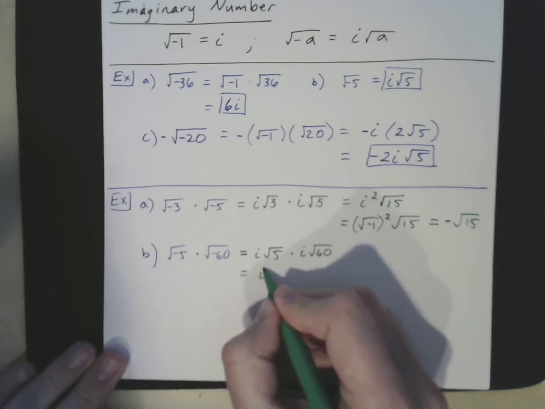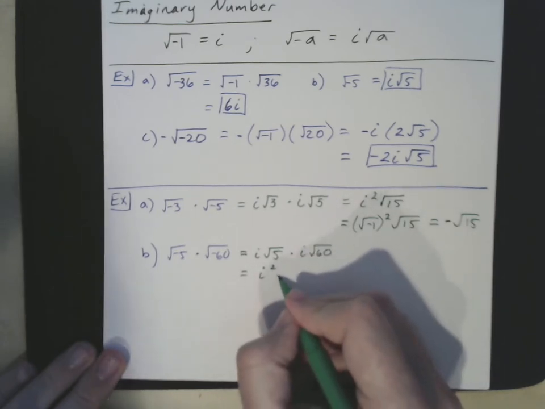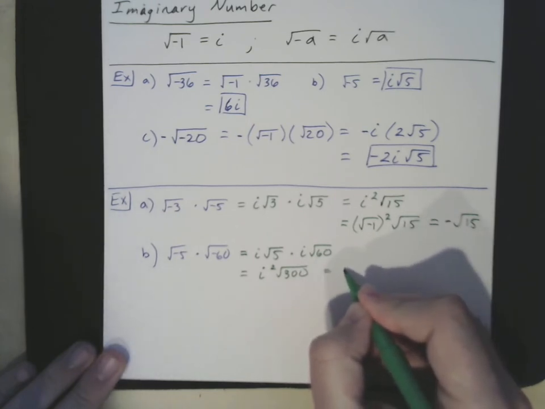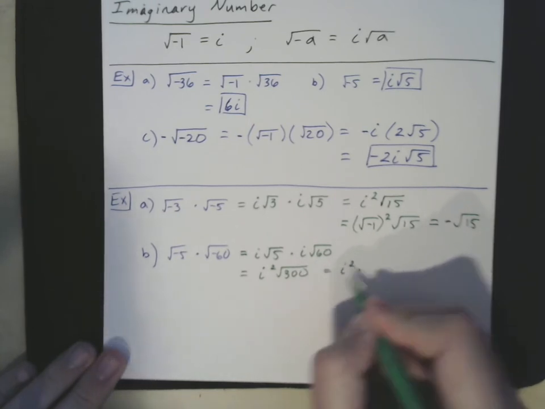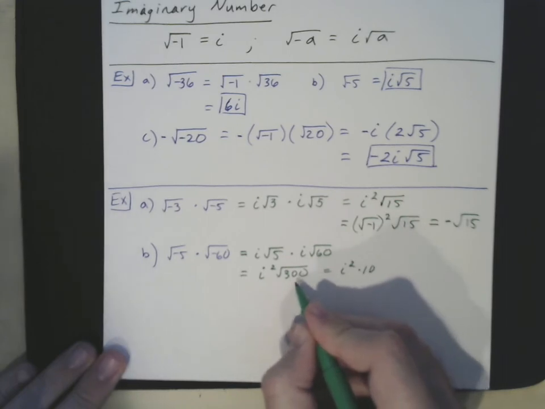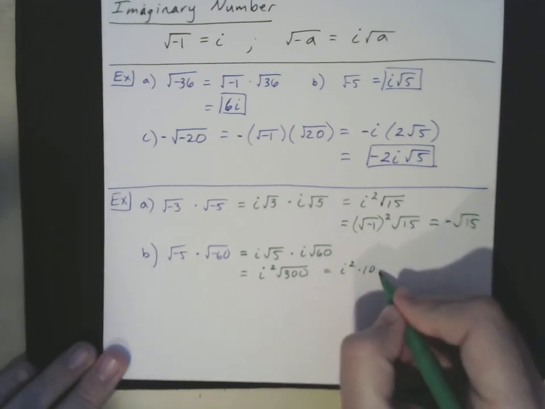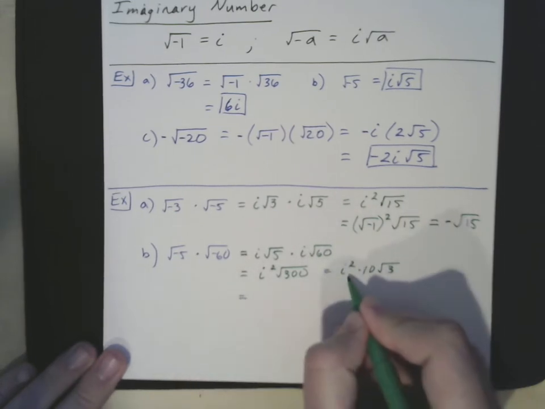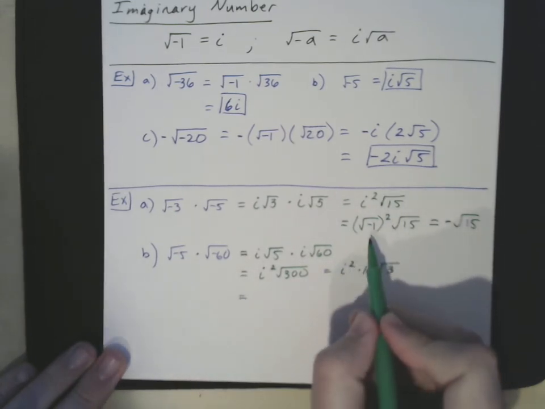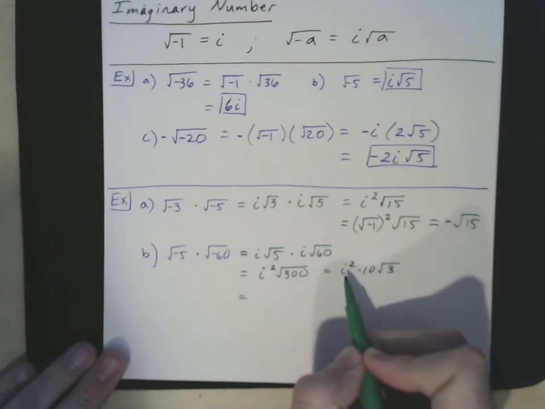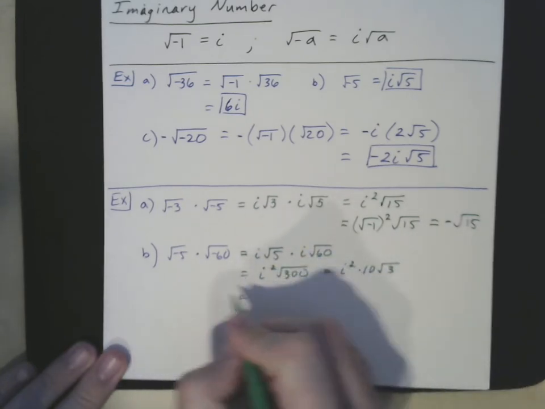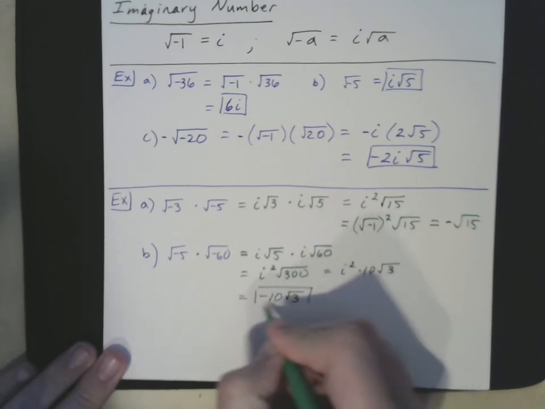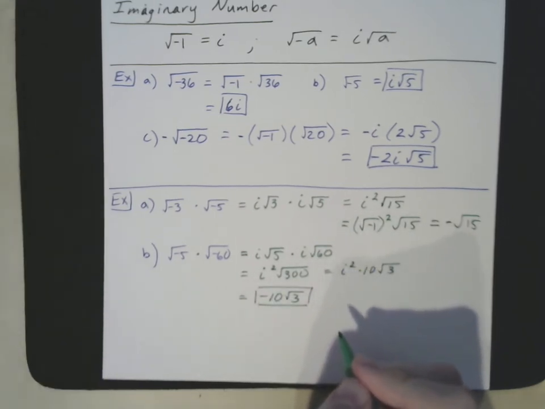And this is going to be i squared times the square root of 300, or i squared times 10 square roots of 3, because 300 is 3 times 100. So we know from up here that i squared becomes negative 1. So this is negative 10 square roots of 3.